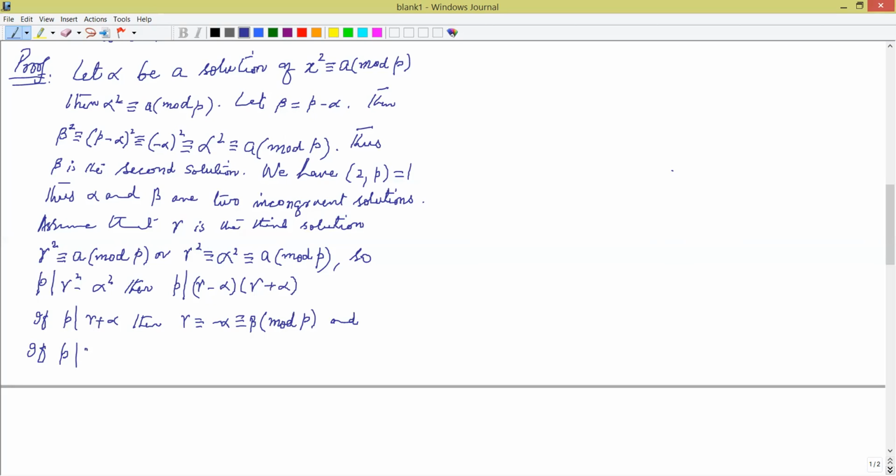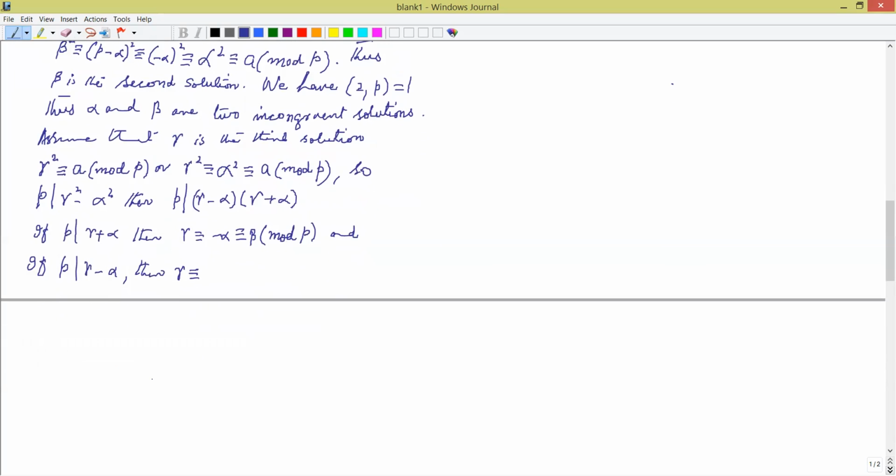So if P divides gamma minus alpha, then gamma is congruent to alpha modulo P. So it means if gamma is the third solution, it must be either equal to alpha or beta.